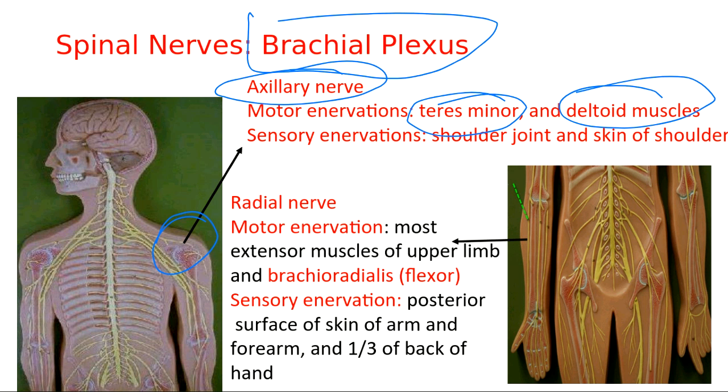And obviously, sensory information from the skin of the shoulder is brought back by the axillary nerve. Radial nerve is going to innervate some of the flexors of the upper limb and brings back sensory information from about a third of the hand, the surface of the arm, and forearm.